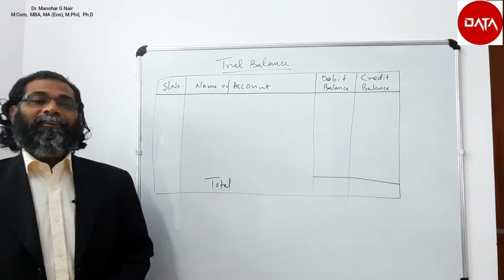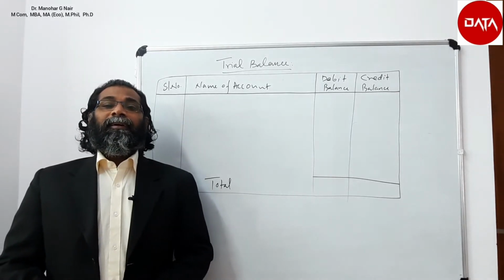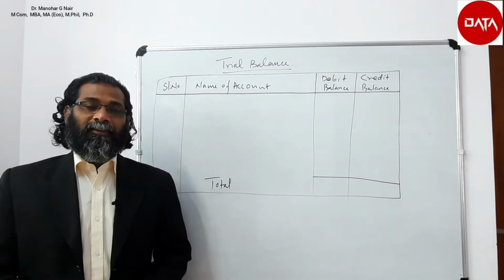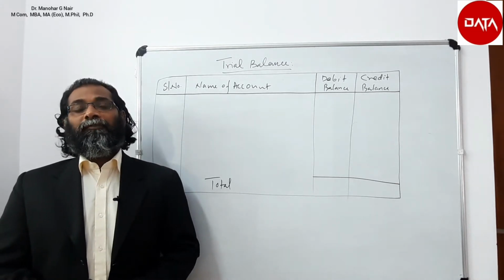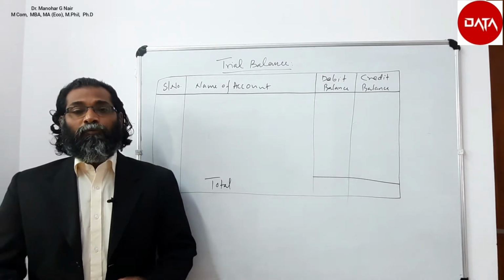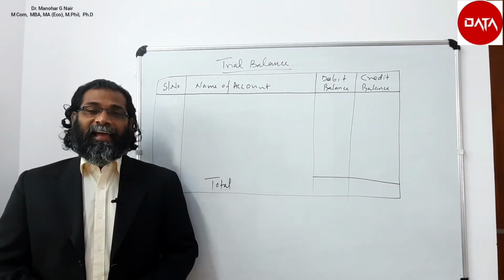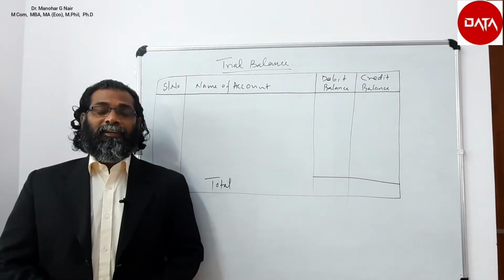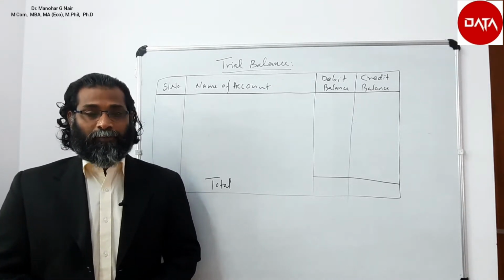Today in this video, let us discuss trial balance. Trial balance is a statement which is prepared on the basis of the balances standing in the ledger accounts for a particular period, and which is used for testing the arithmetical accuracy of the books of account which we have prepared.